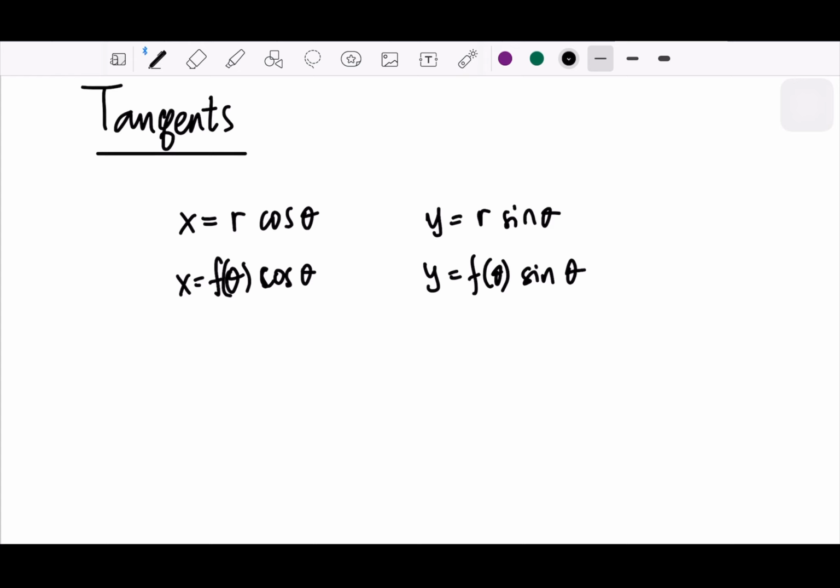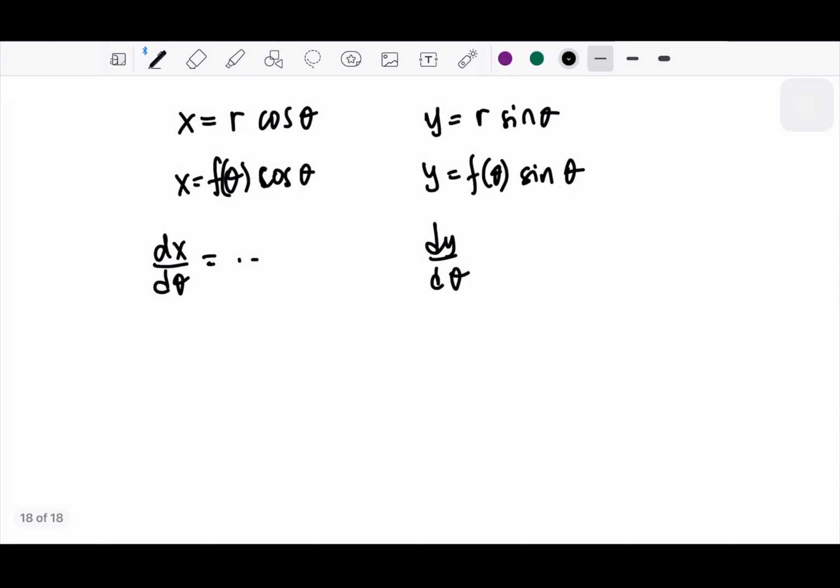Okay, and then the same thing, using the product rule, we can get the dx over d theta, right? We can get the dy over d theta. But let me combine directly into one formula. That is dy over dx is equal to dy over d theta, and then dx over d theta.